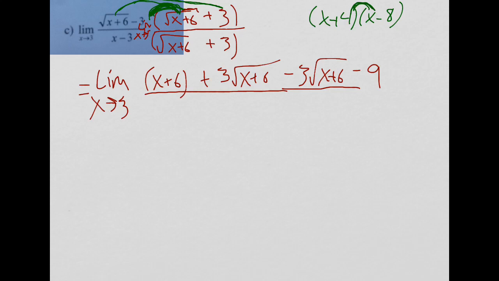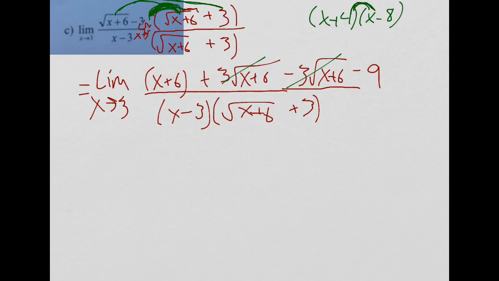But look, actually let me just write the bottom out. So x minus 3, so I've got this times this. And I'm not going to distribute that yet, and you'll see why. Square root x plus 6 plus 3, like that. So I have this term and this term, and look, this is plus 3 root x plus 6, and this is minus 3 root x plus 6, same thing. So they cancel each other out, which gives me only this piece and this piece in the top.